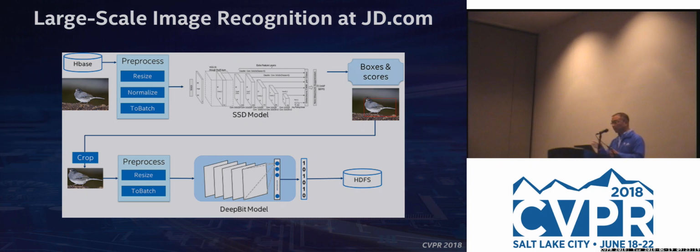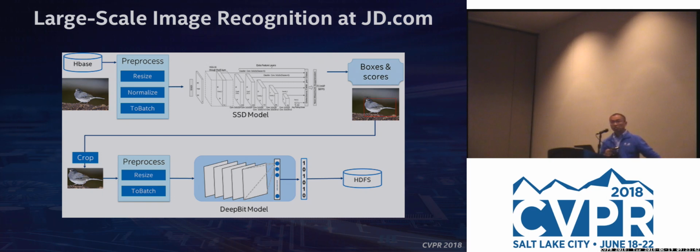I will talk in more detail about this application later. They have hundreds of millions of images stored in HBase, which is a distributed table storage built on top of Hadoop and HDFS.